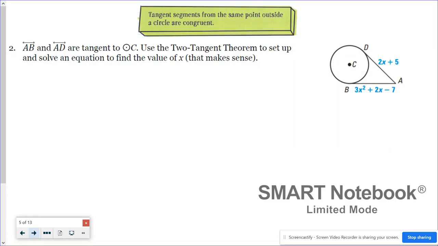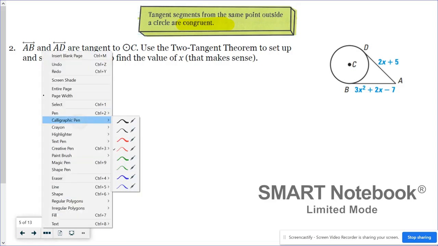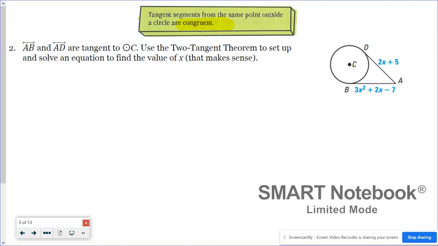So now for our two-tangent theorem. Tangent segments from the same point outside the circle are congruent. That's what the two-tangent theorem says. In this problem, AB and AD are tangent to circle C. So what I know is that they're congruent, because if they're both tangent to the circle from the same external point, that's going to make them congruent.